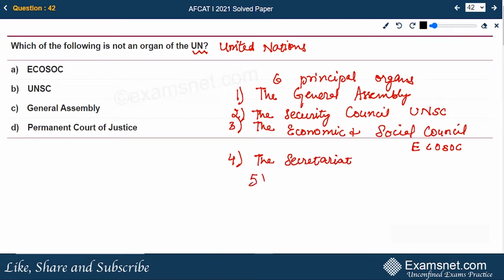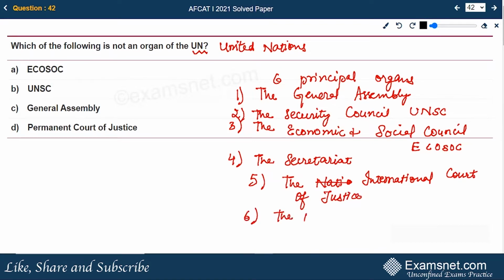Then the International Court of Justice, because UN deals with international matters. And the last one, the United Nations Trusteeship Council.